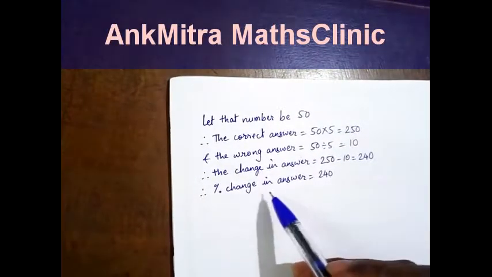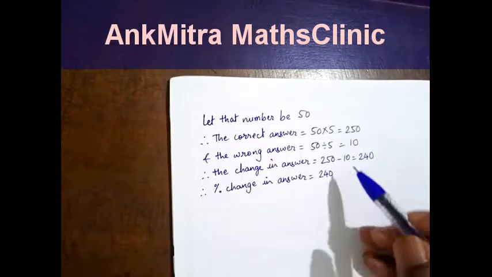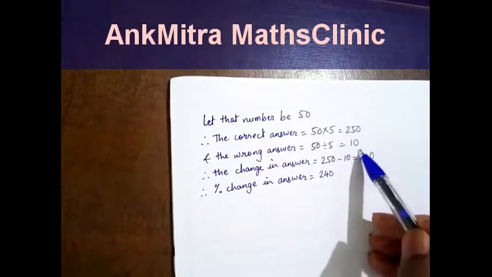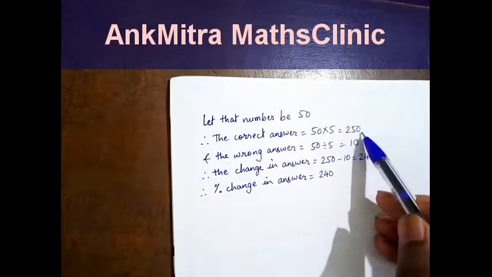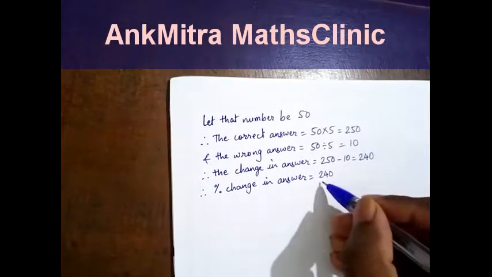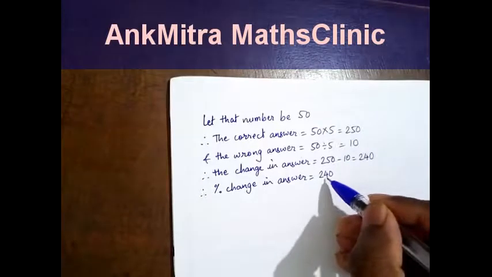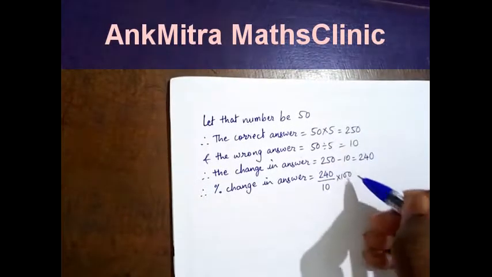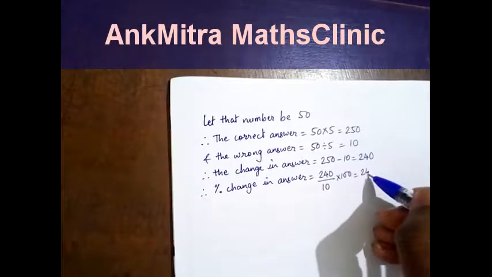The percentage change in answer will depend on what we compare the change with. We can compare it with the wrong answer, or we can compare it with the correct answer. In case we compare it with the wrong answer, we get the percentage change in answer as 240 upon 10 multiplied by 100, which comes to 2400%.